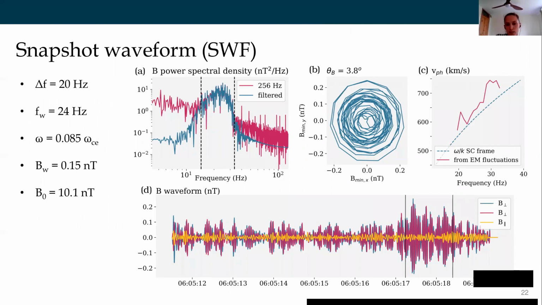And if we filter it, we see that these fluctuations are very circular. If we compare the electric and magnetic field fluctuations, we can determine the direction of these Whistler waves and the phase speed as well. So we end up with all the information needed about these waves to calculate what would be the resonant velocities in the electron distribution function. So where would the resonant electrons lie?